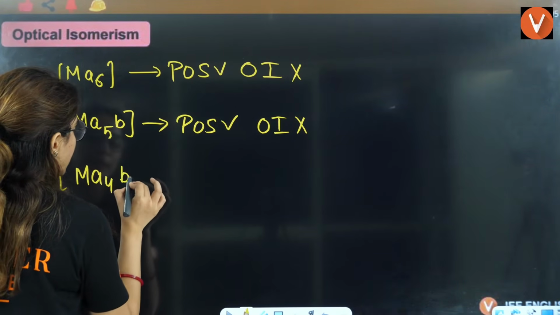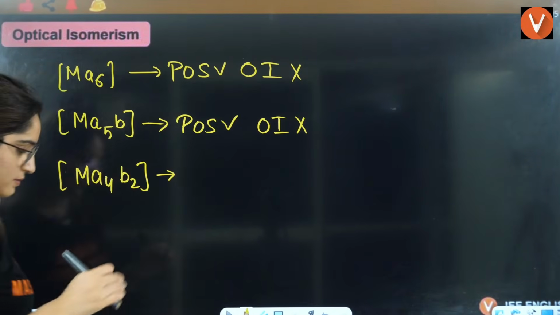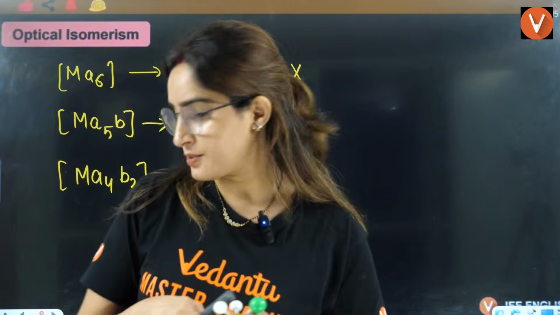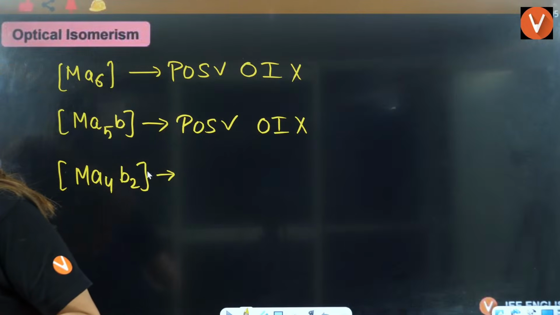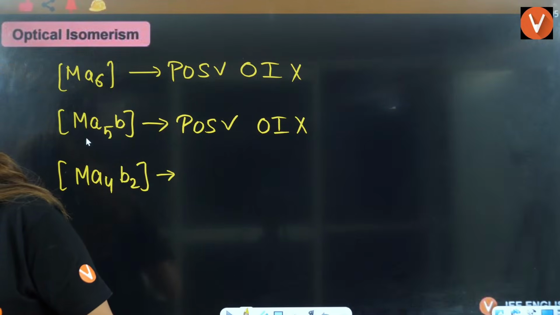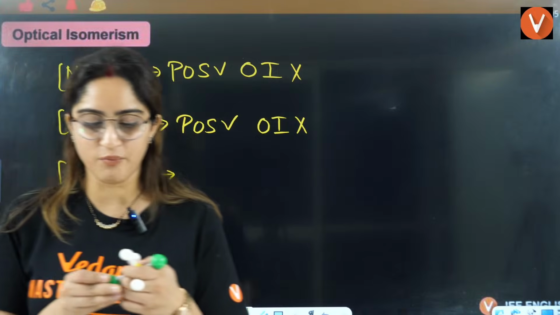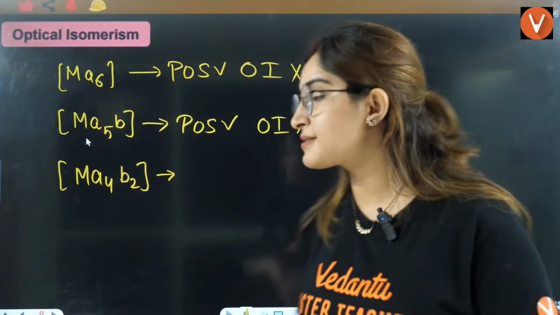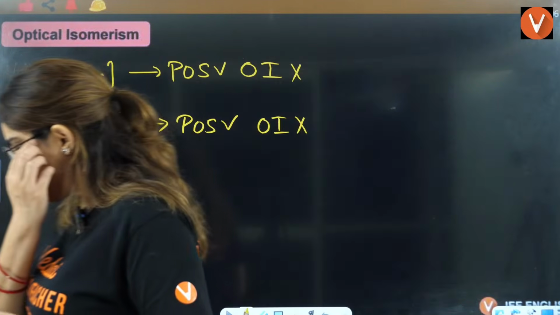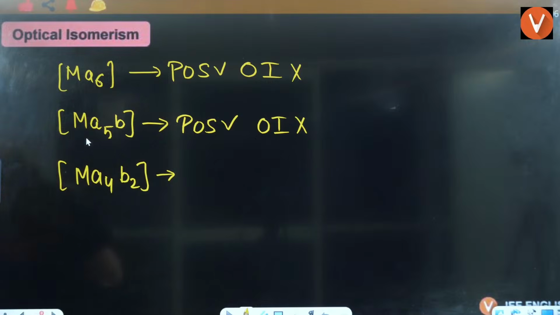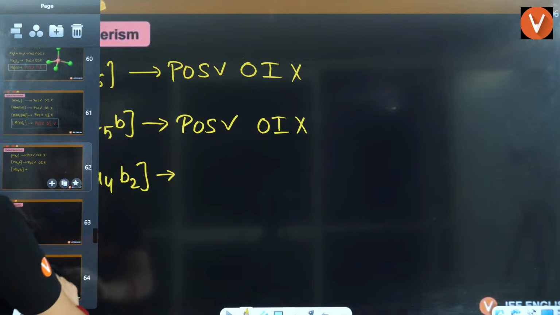MA4B2. Now this is very important, because here you have cis and trans both.